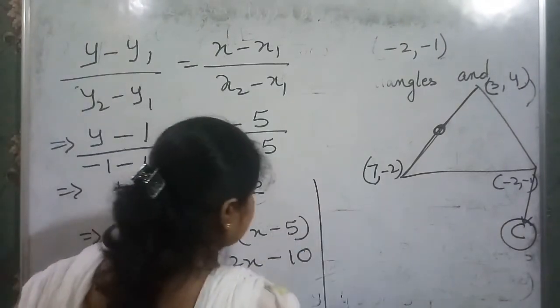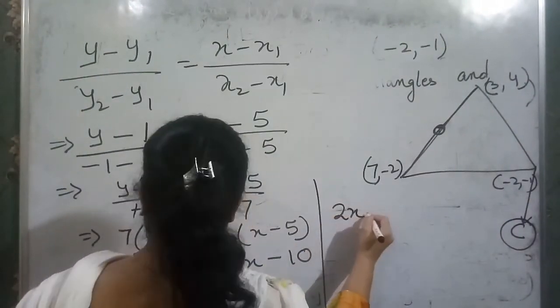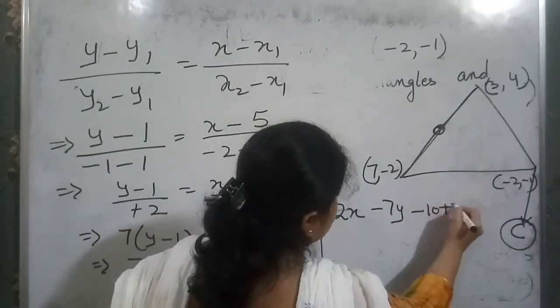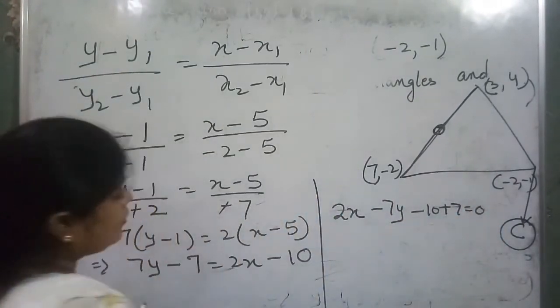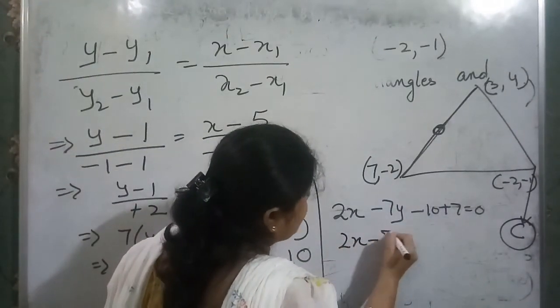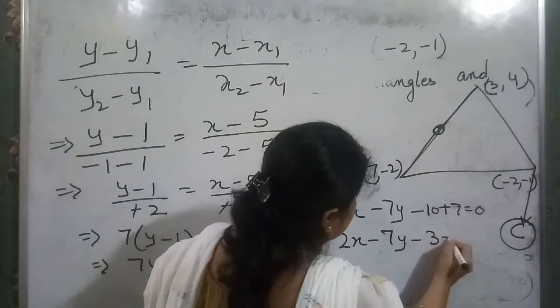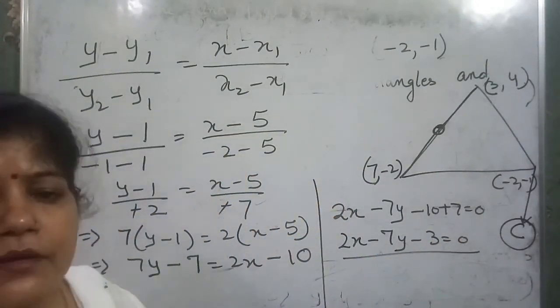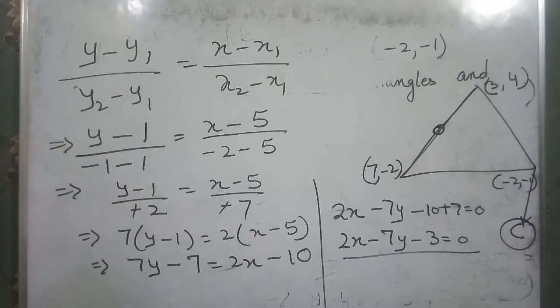Ultimately we have 2x minus 7y minus 10 plus 7 is equal to 0. Bring all the things to one side. We have 2x minus 7y minus 3 is equal to 0. This is the proper equation. Okay. In this way we can solve different types of questions. I hope you can understand all these things.